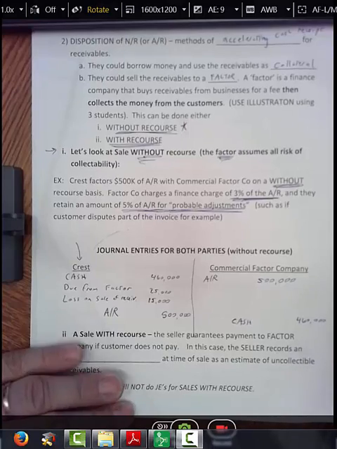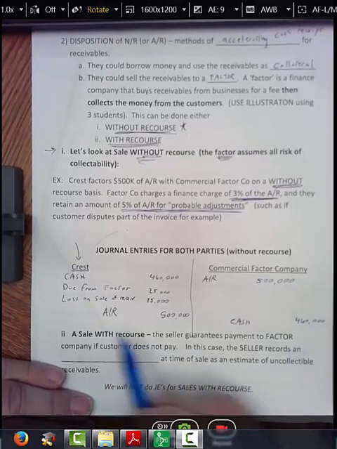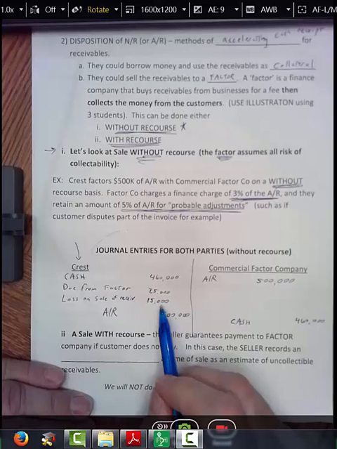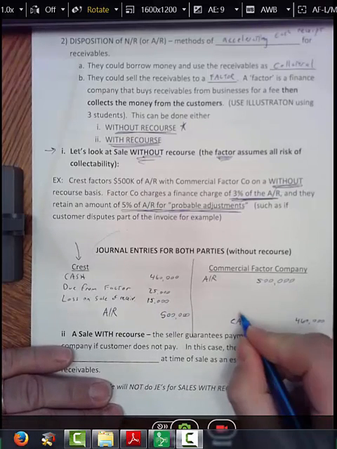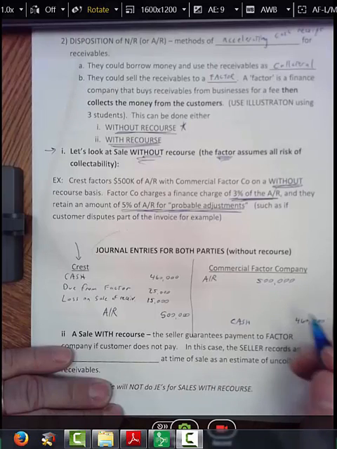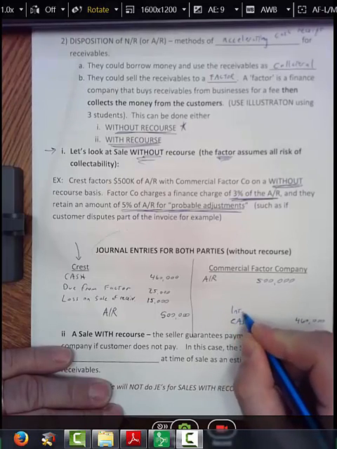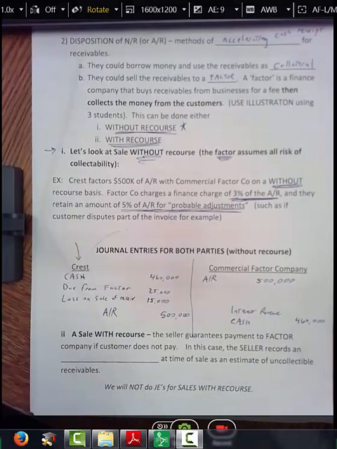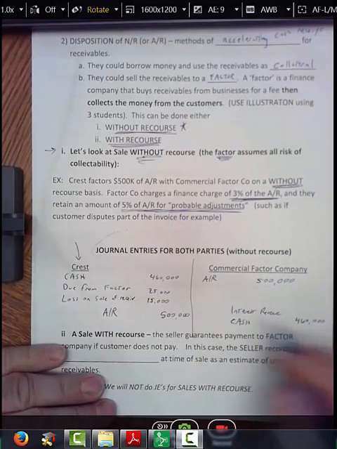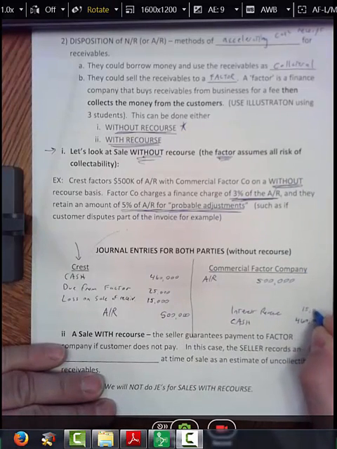Now what about that loss on the sale of receivable, that $15,000? The factor company is going to count that as interest revenue, and that's how they make their money, by doing these sorts of transactions.